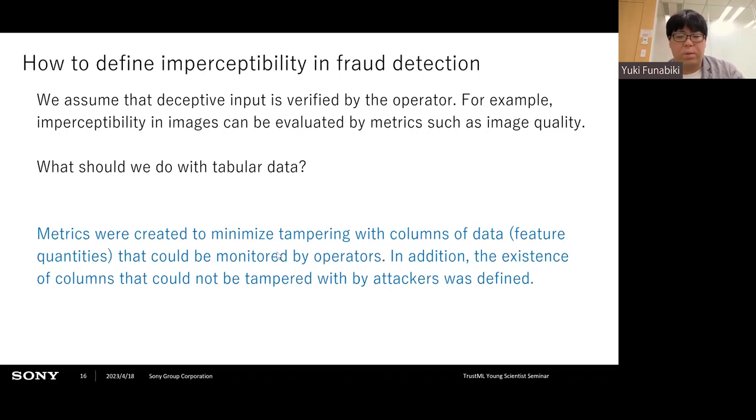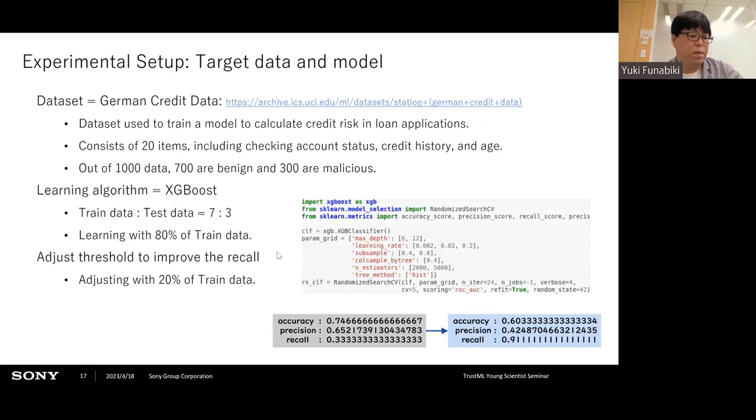So this is the last topic, the experimental setup. This is a description of our experiment. At first, we selected the German credit data as a target dataset. This is in tabular format, and the dataset is used to train a model to calculate credit risk in loan applications.